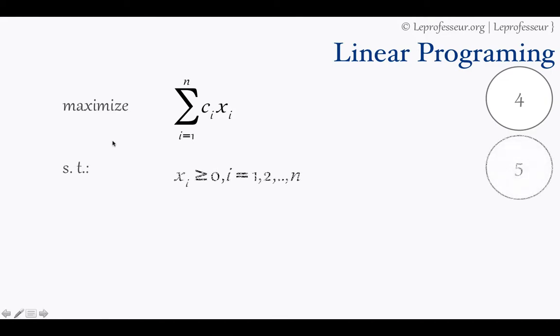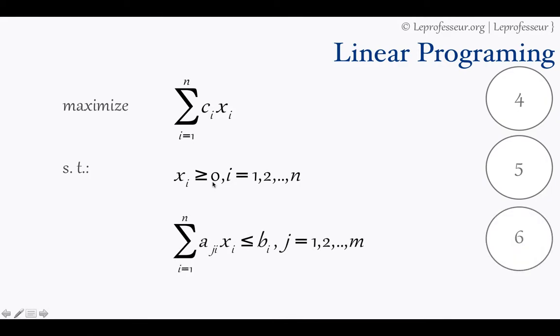Out of those constraints, the first constraint is that all variables will have positive value, and each variable multiplied by some coefficient added together satisfies the different constraints. Okay.